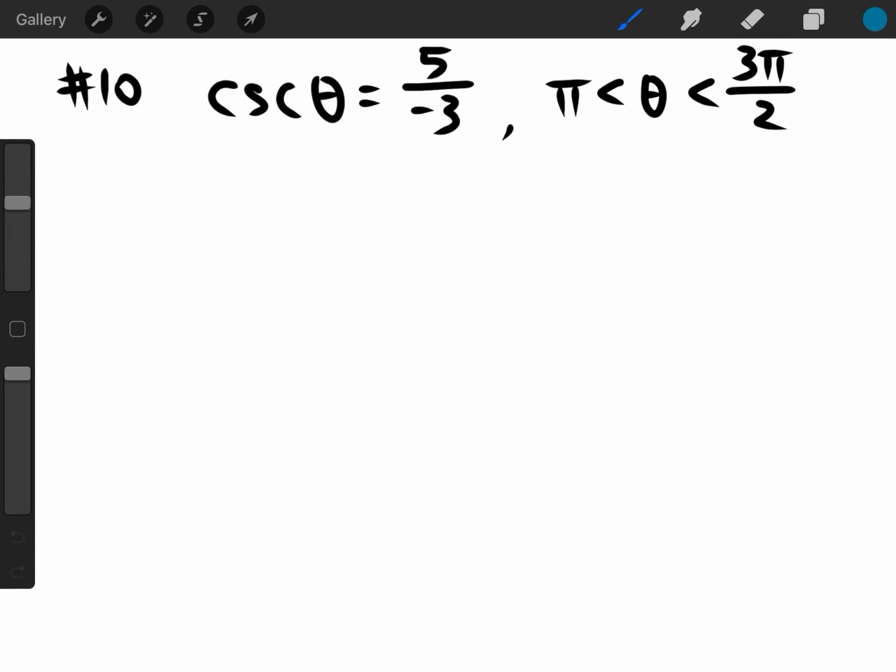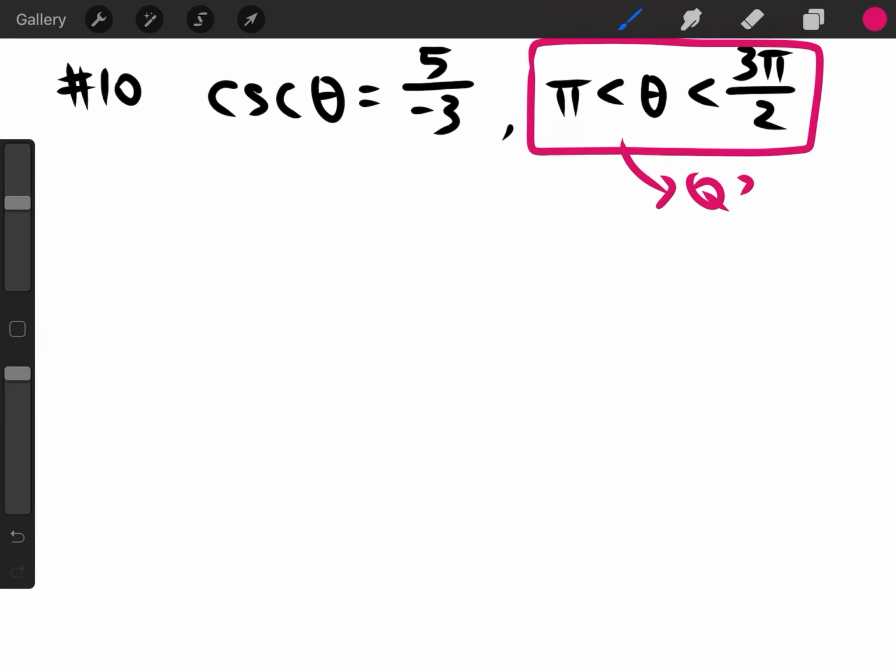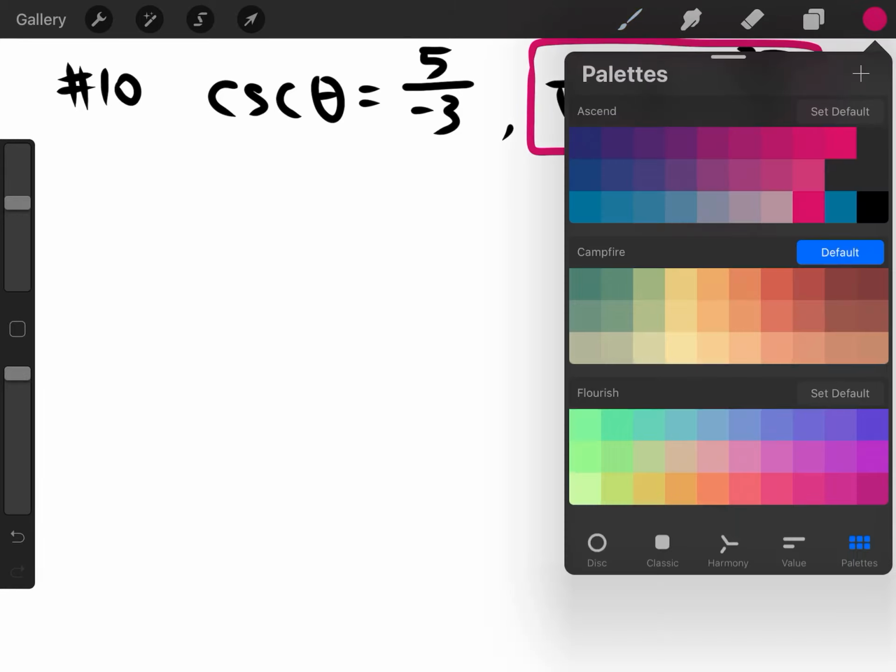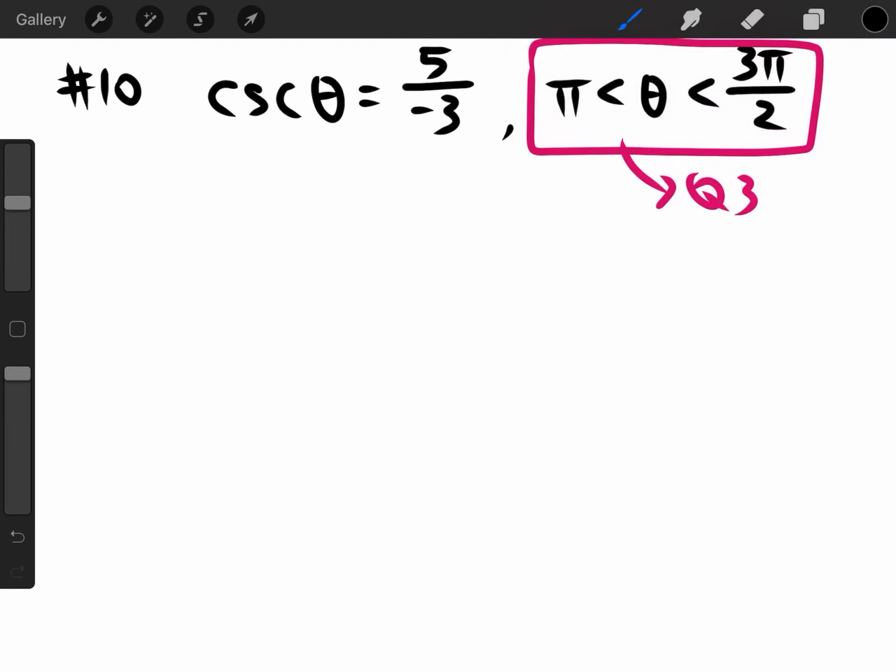Okay, so let's go ahead and do the next one, number 10, knowing that this is going to be in quadrant 3. Go ahead and draw the xy axis.